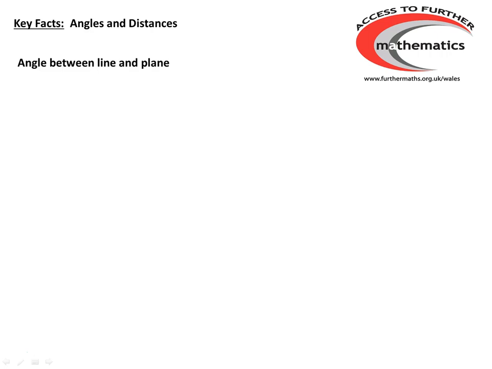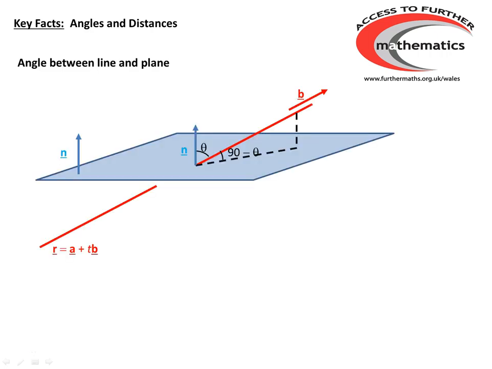For the angle between a line and a plane, it's a really good idea just to draw a quick sketch diagram to represent what's going on. With that sketch, one ought to be able to see fairly quickly that if one calculates the angle between the normal to the plane and the direction vector of the line, using the scalar product, that gives us the angle theta on the diagram.